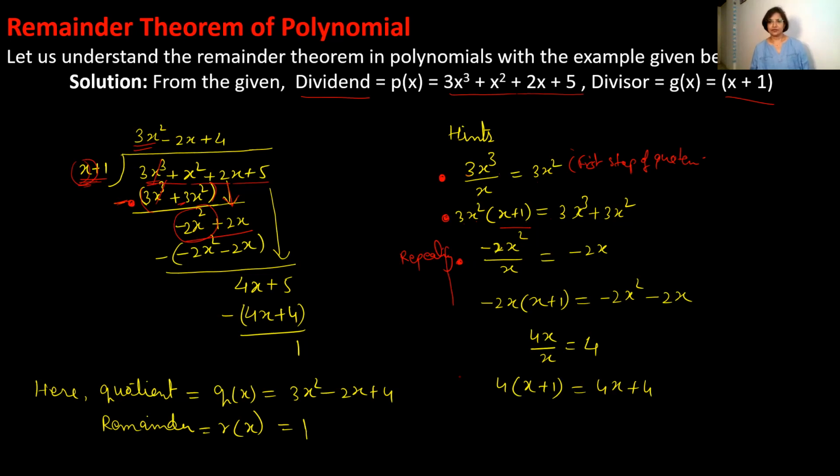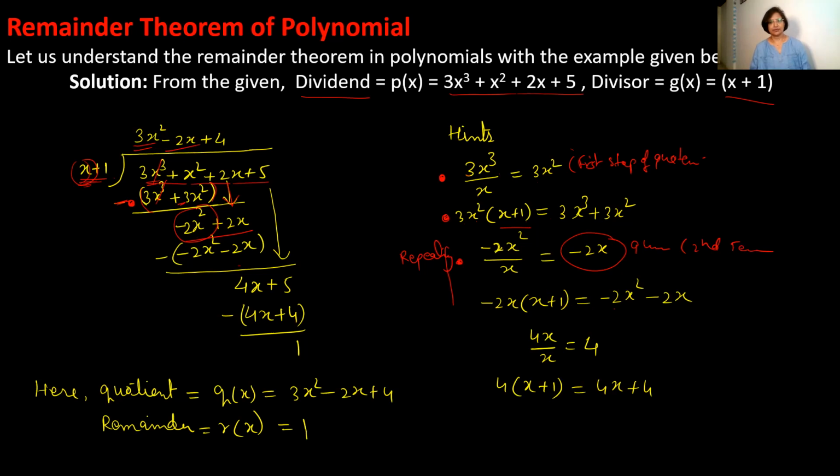So from here again we are repeating. So in the repetition, 2x square upon x, we will get minus 2x. So minus 2x is the second term of the quotient. Okay, so we have written here minus 2x, and then this will be multiplied by the divisor. This is the divisor. So we got minus 2x square minus 2x.